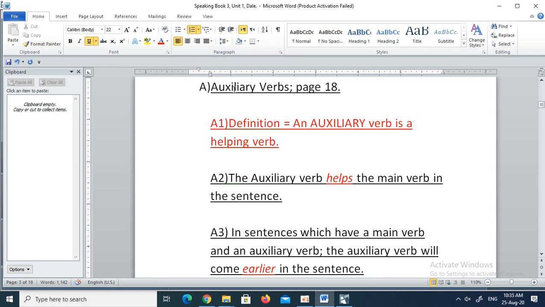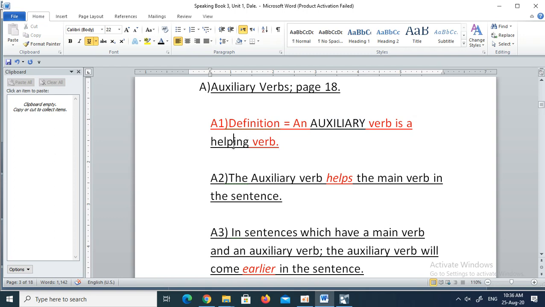Auxiliary. All right. You need to know how the word is pronounced, and you do need to practice pronouncing it. An auxiliary verb is simply a helping verb. So, auxiliary is a long and complicated word, but all it really means is that other simpler word, helping.